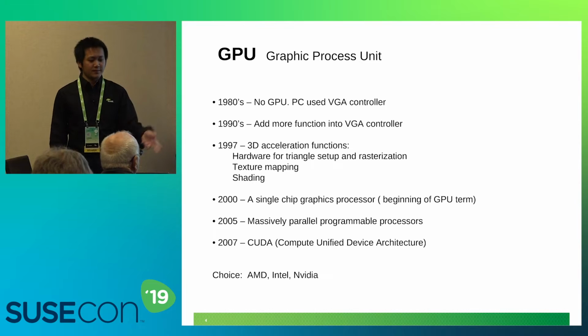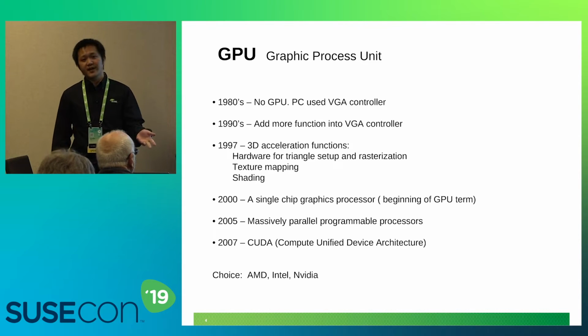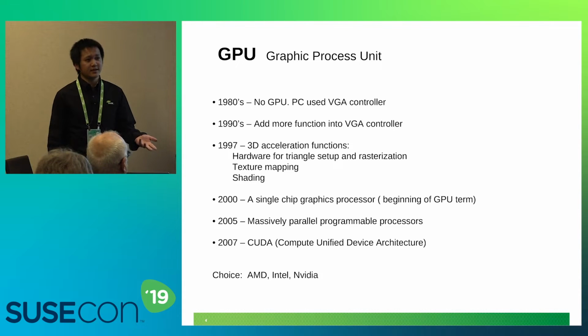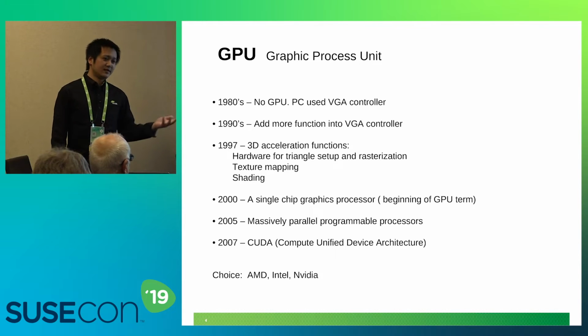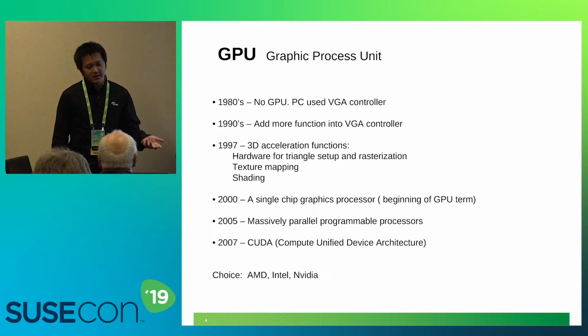Then moving to the 90s, a lot of VGA cards popped up at that time. So many companies, they came, they went down. But anyway, it was quite a time for this kind of VGA cards.